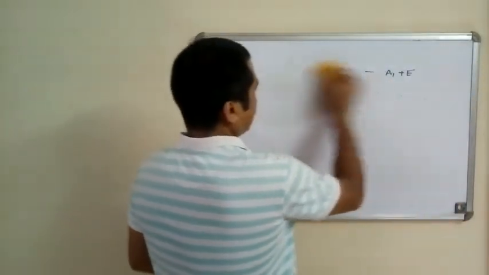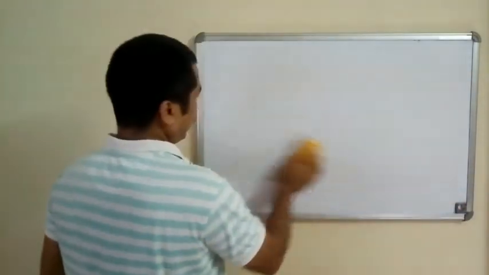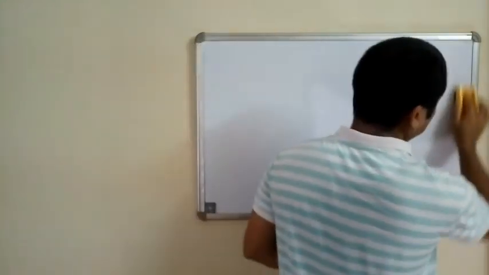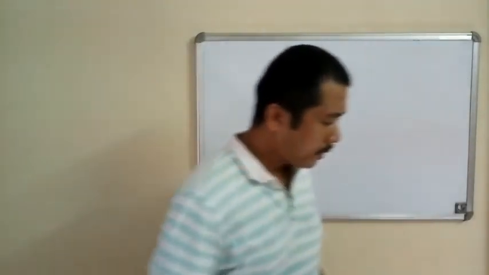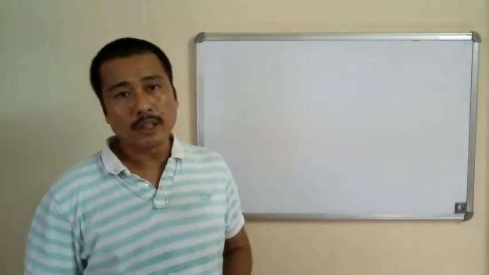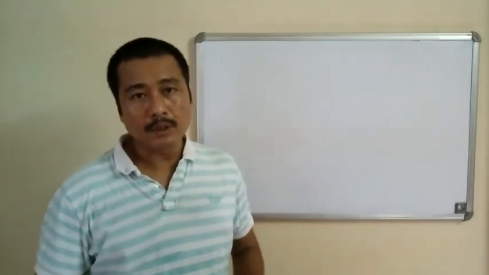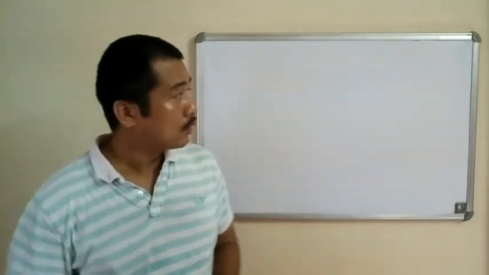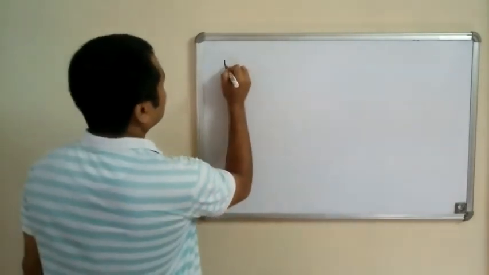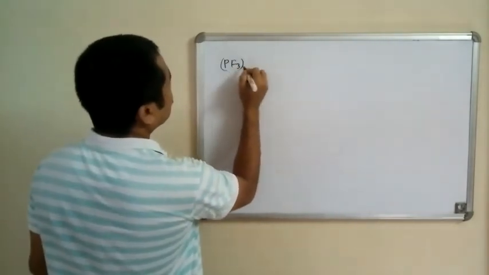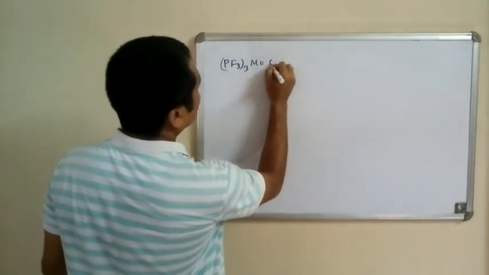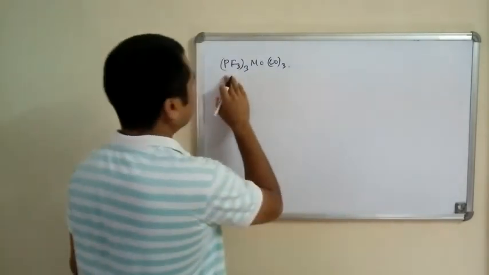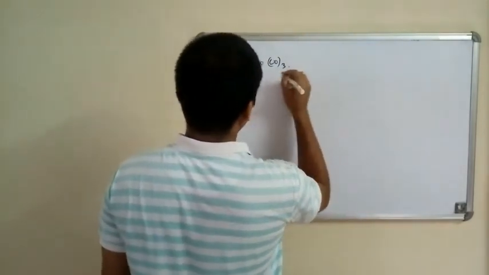We will see one last example on the application of IR spectroscopy, or the CO stretching vibration, as a diagnostic tool to determine the relative pi acceptor ability of different pi acid ligands. For this, let us look at the CO stretching vibration of some mixed ligand molybdenum carbonyl complexes, that is, molybdenum phosphine carbonyl complexes essentially.